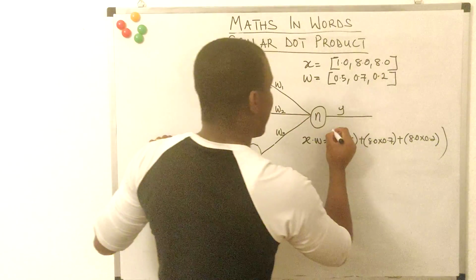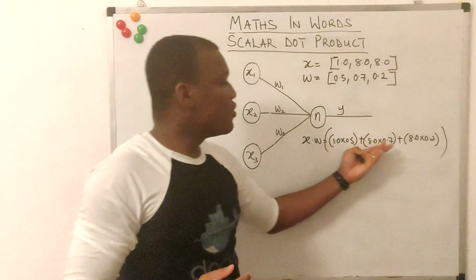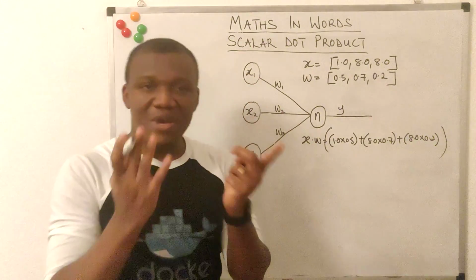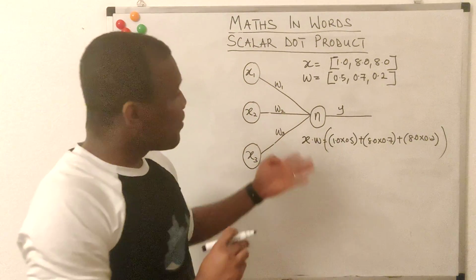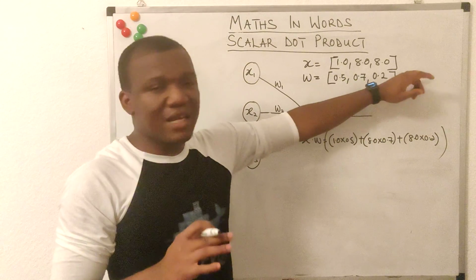As you can see, this dot product is going to return a single number, which is a scalar. It is different from the element-wise multiplication that I showed you at the start of this video.